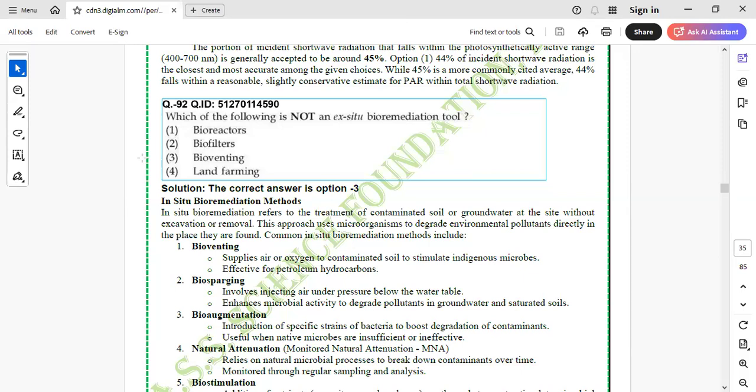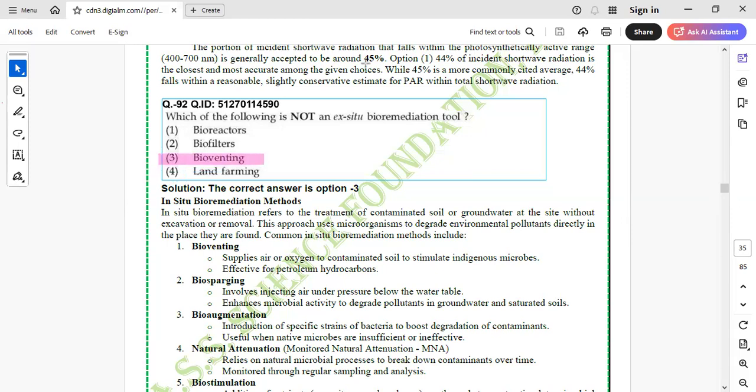Okay, sorry for the interruption, guys. I guess everyone is here. So the correct answer for this question 92 is bioventing. I told you that because bioventing is an in situ method. So that's why bioventing is the correct answer. Right, rest all are ex situ.